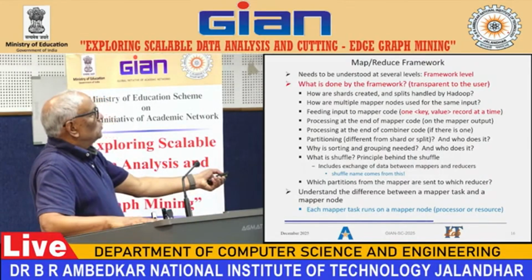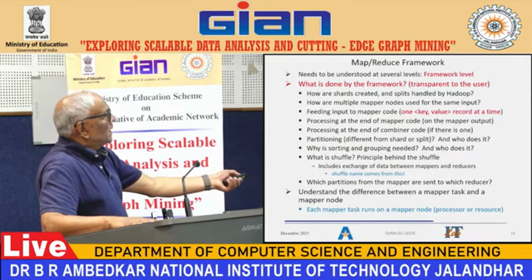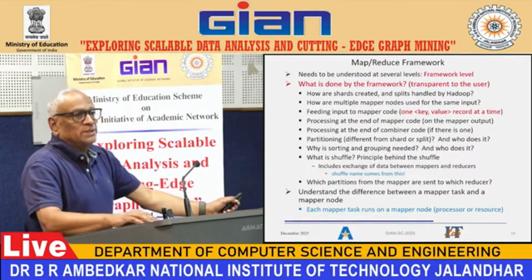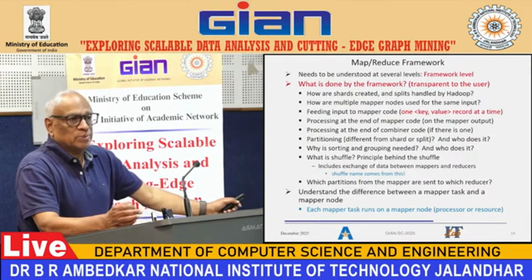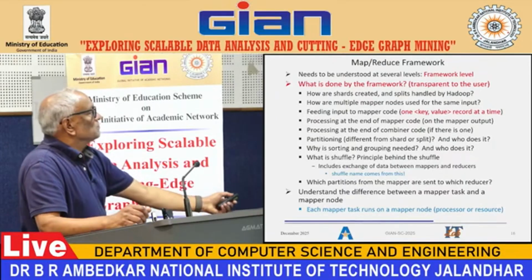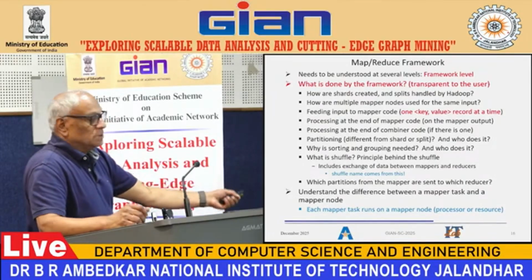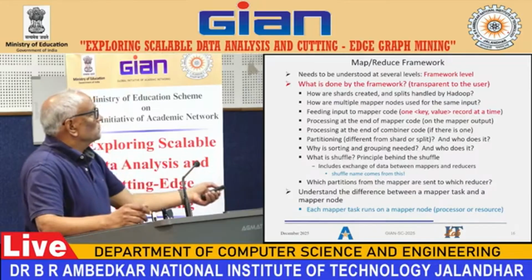So first thing you have to understand is how are shards created and splits handled by Hadoop. So what is the meaning of a shard or a split and who creates it and how it is handled. How are multiple mapper nodes used for the same input? So if you have multiple mapper nodes, how it is used.